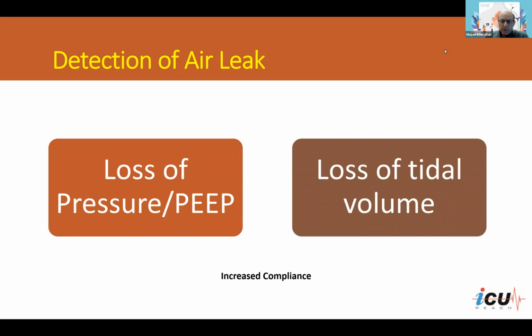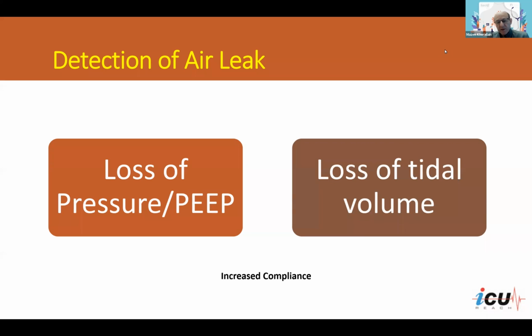The air leak would manifest with two main things on the ventilator, and the physiologic mechanism would be that the compliance is increased. Of course, if you're leaking air, it would be so easy to put that air in the system, but it's leaking out. So there's no resistance to the air, and that's why the compliance is increased. It would manifest mainly by loss of the volume that you put in.